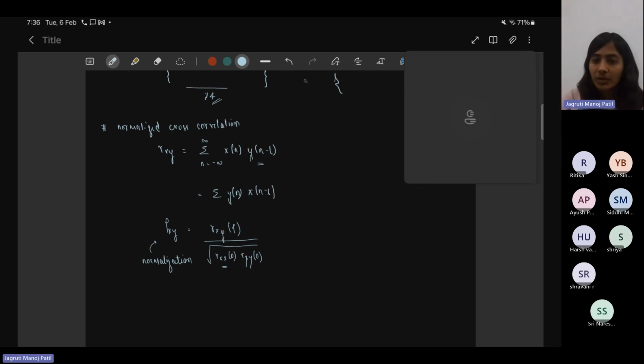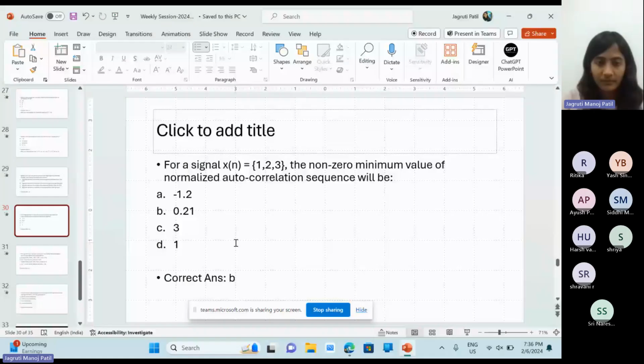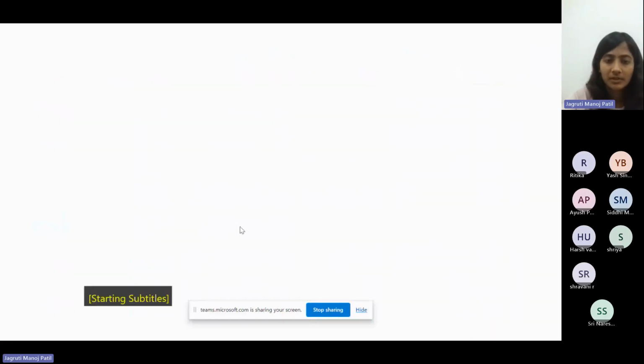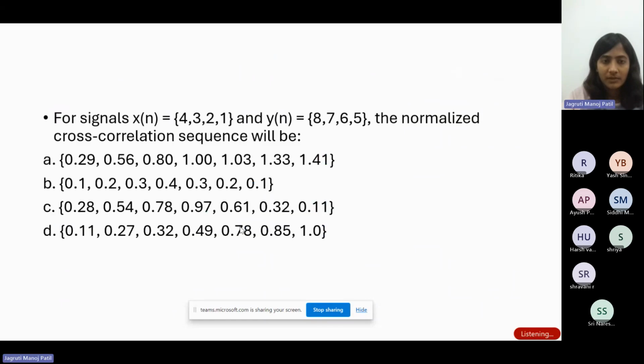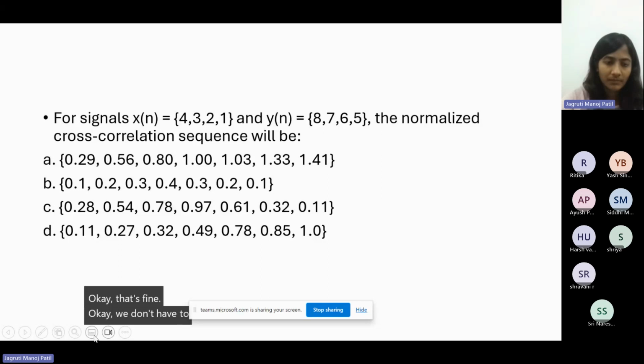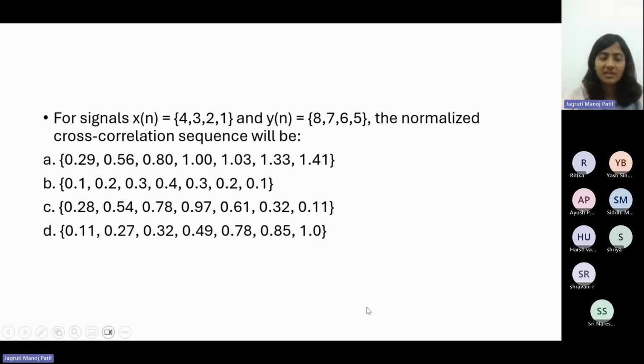So I'll show you the question. Normalized autocorrelation. Okay, this one. We don't have to compute the minimum value here. It's just the terms. Let's start from how many terms we will have in this series. We have 4 here, we have 4 there. 1, 2, 3, 4, 5, 6, 7.